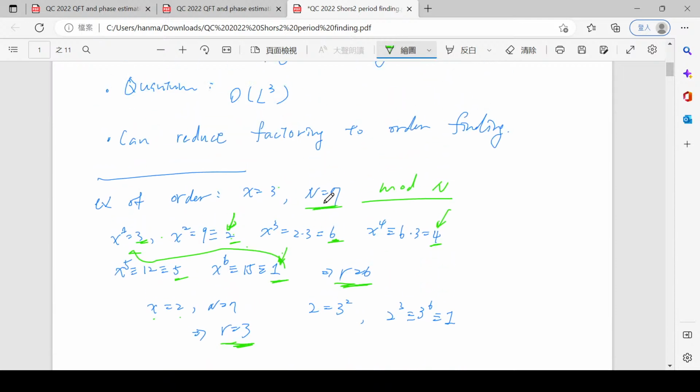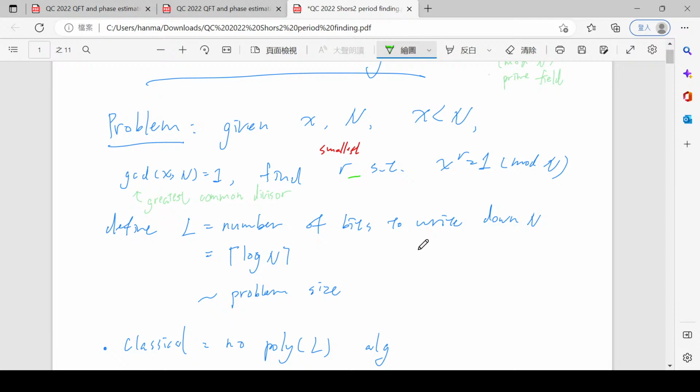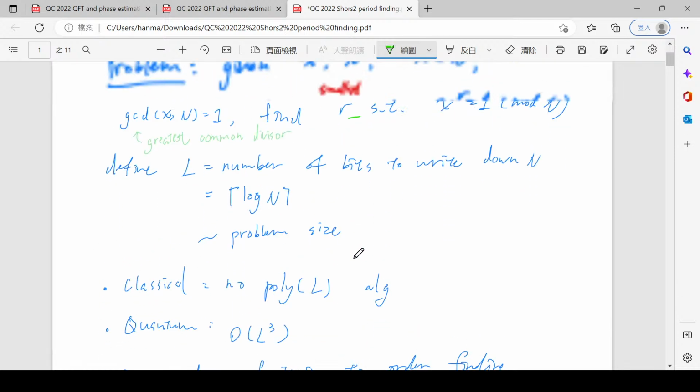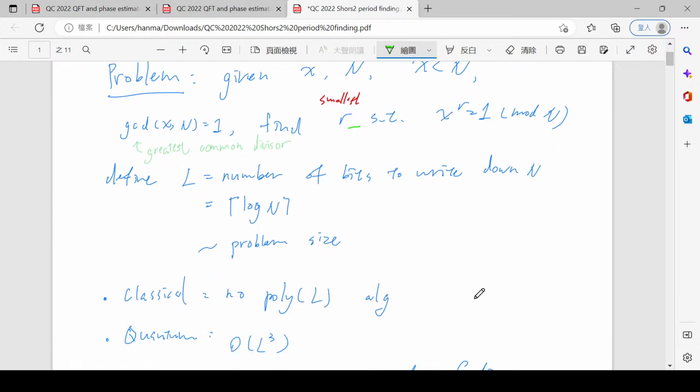We already see that we're fixing n equal to 7 here, then for different x, x equal to 3 and x equal to 2, we have different orders. Okay, so that's the order finding problem. Then we are going to show that we have a quantum algorithm that does this. Before we show the quantum algorithm, we need to define how big the problem is.